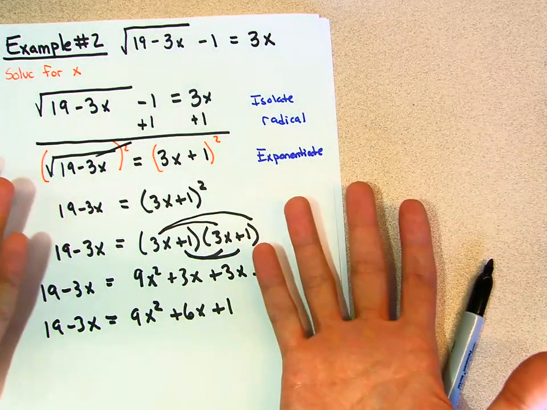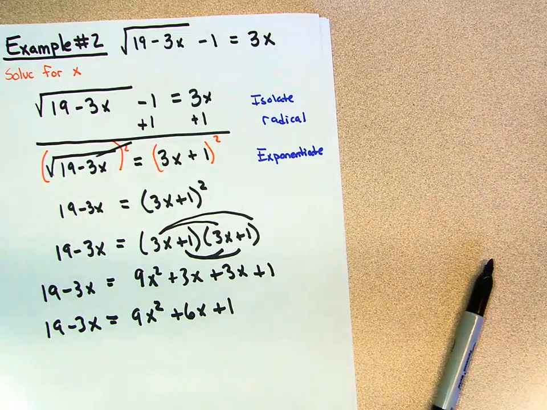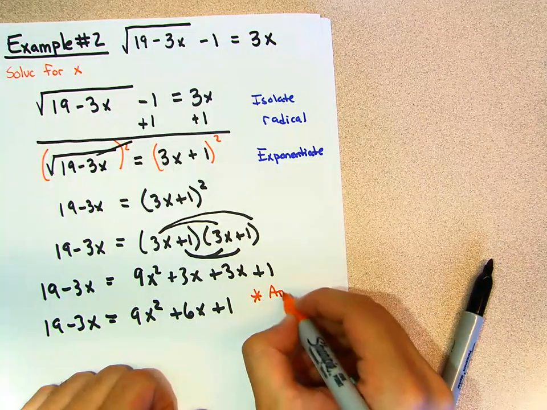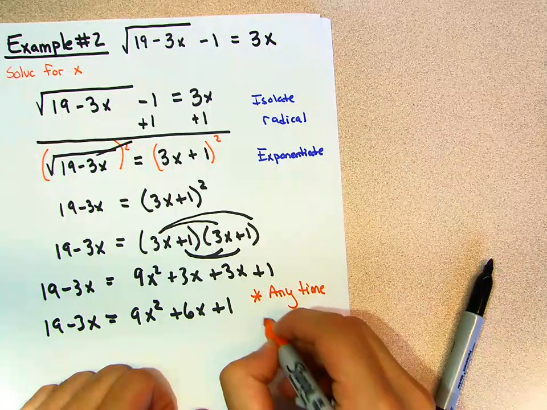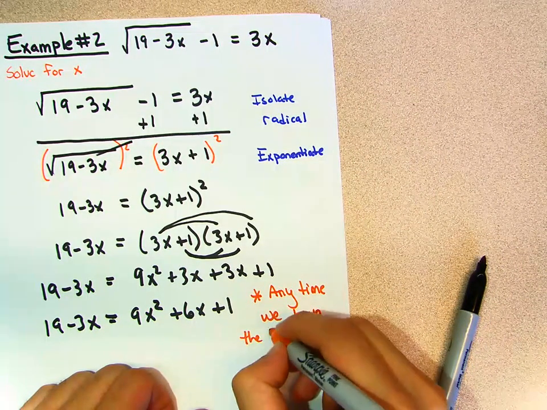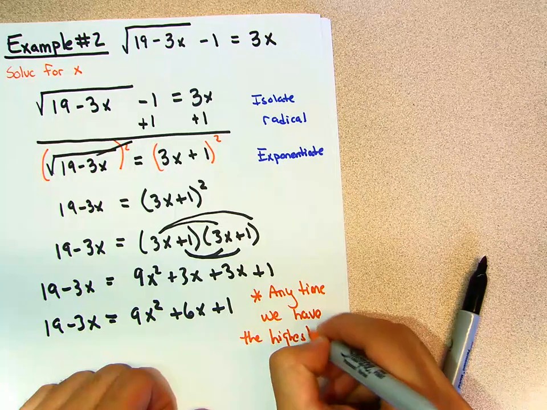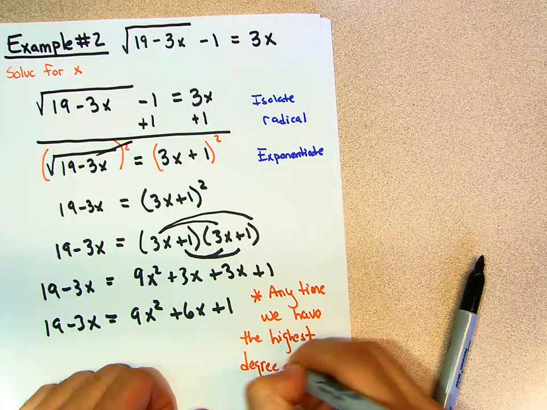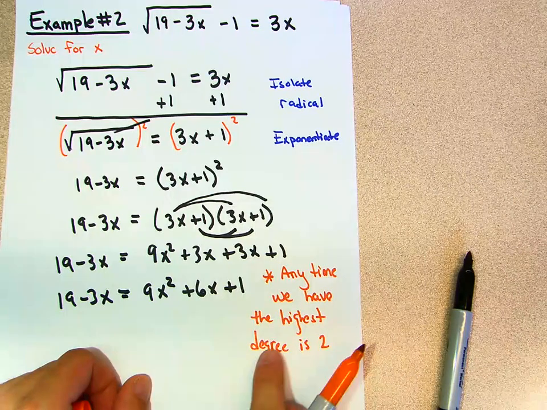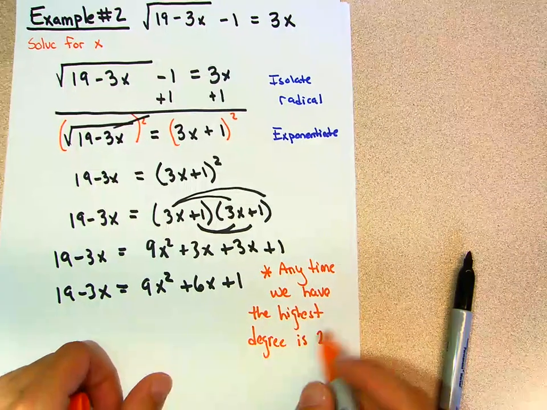Now here, how do you solve for x? So note, anytime we have the highest degree is 2, right? When I talk about degree, I'm talking about the exponent.